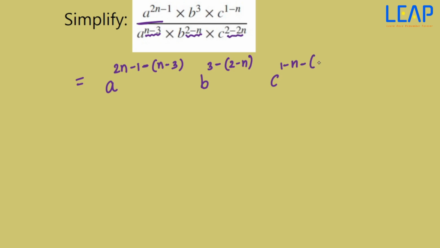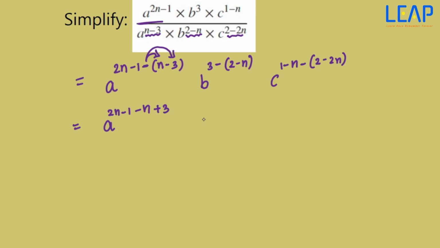Binomial, put a bracket, 2 minus 2n. Now you gotta simplify. So when you simplify, first simplify the negative, take off the brackets, then it's easier, right? So 2n minus 1 as it is with no brackets. Negative times n will be negative n. And then negative times negative 3 is positive 3.